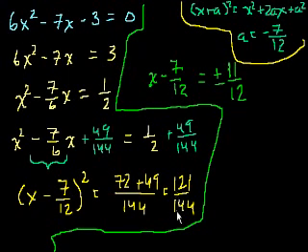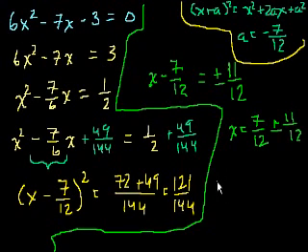Square root of 121 is 11, square root of 144 is 12. So then we could add 7/12 to both sides of this equation, and we get x is equal to 7 over 12 plus or minus 11 over 12. Well, that's the same thing as 7 plus or minus 11 over 12.